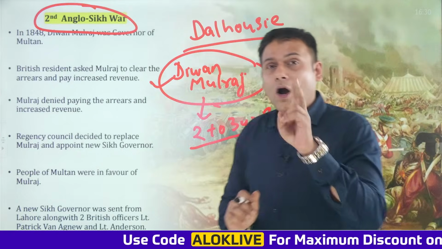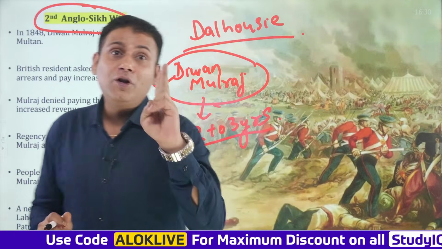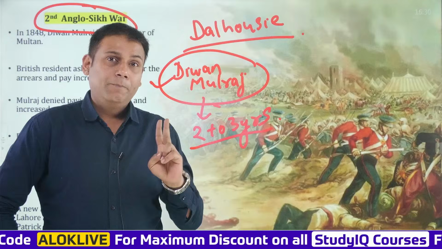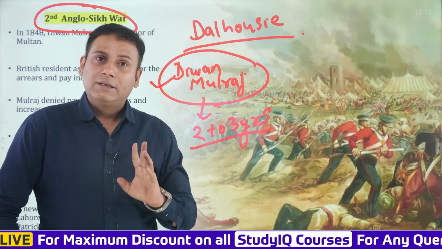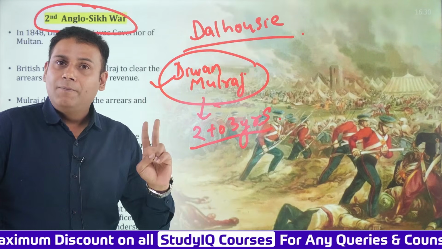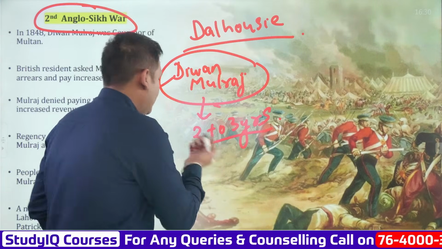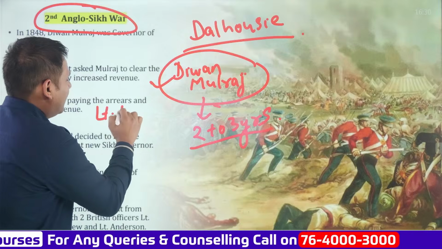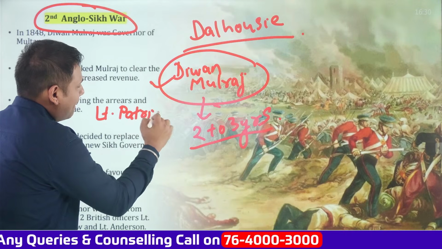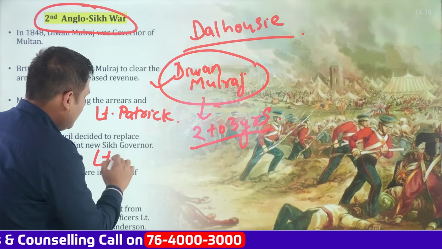So the new governor was sent to Multan along with 2 English officers. One was Lieutenant Patrick Agnew and the second was Lieutenant Anderson.